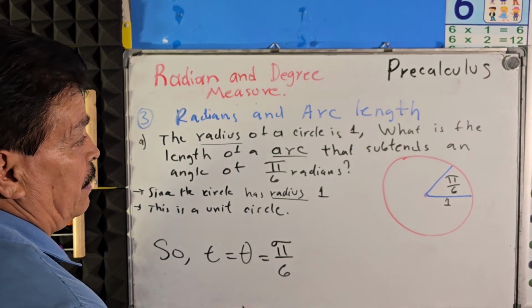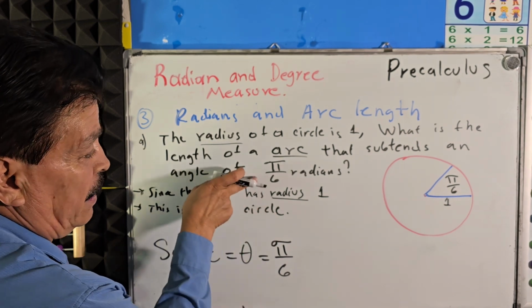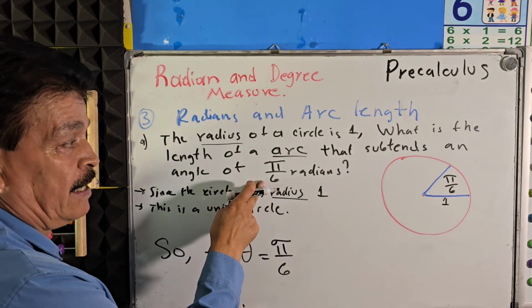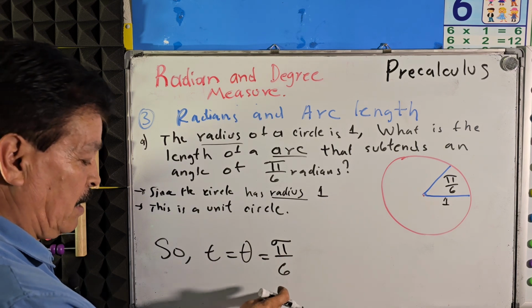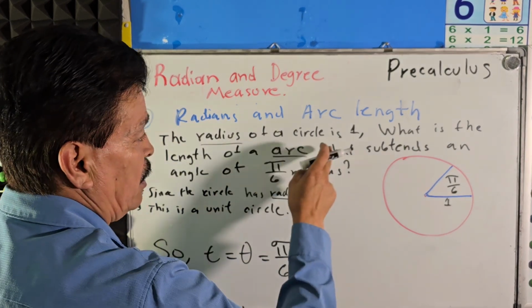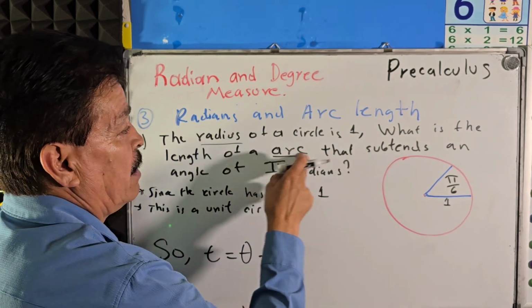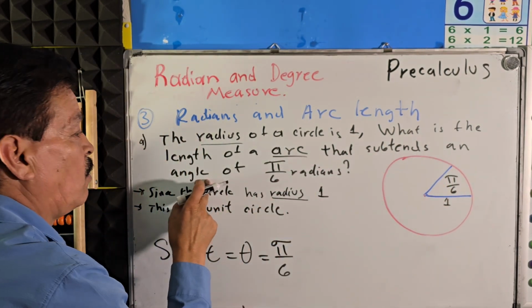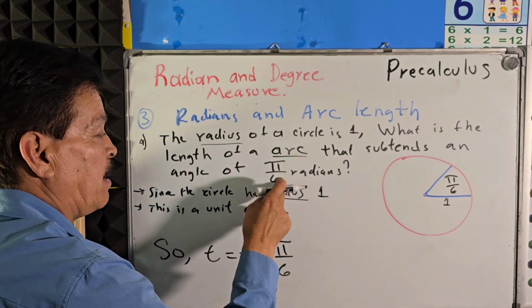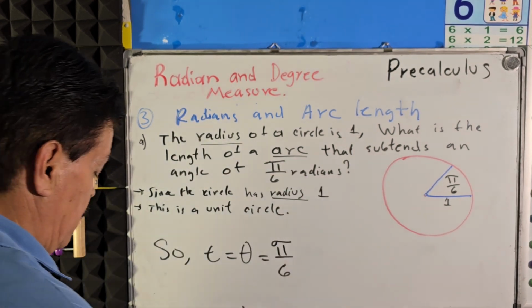That's the answer. The radius of a circle is 1. What is the length of the arc that subtends an angle of pi divided by 6 radians? It is pi divided by 6. All right?